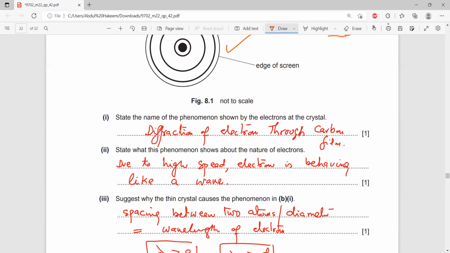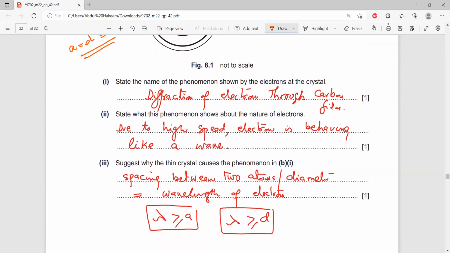Suggest why the thin crystal causes the phenomena. Look, for observable diffraction, the slit separation a or d must be comparable to the wavelength. For the observable diffraction, the spacing between the two atoms, which is behaving like a slit, is equal to the diameter.